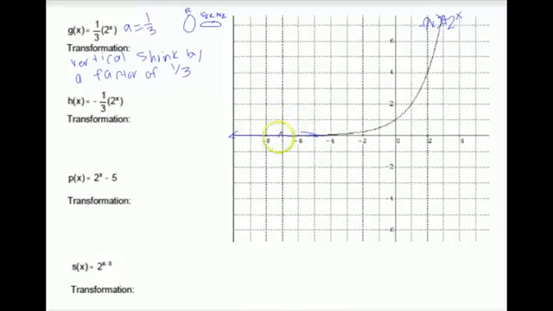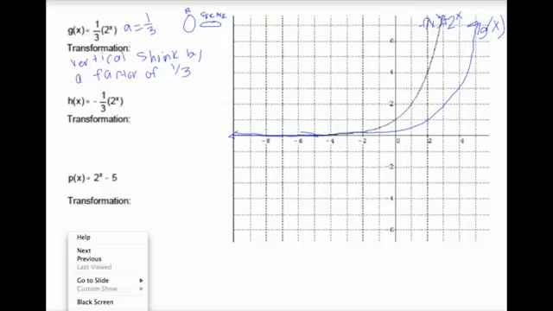So for this one, we're going to make this function look fatter. Now it still has an asymptote at y equals 0, because keep in mind that k value tells us our asymptote, but it's going to be a fatter function, so it's going to expand more. So here's g of x. So that's our difference. I'm going to change my pen color to green.